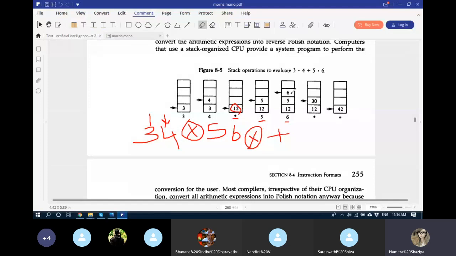And then stack pointer is decremented. After pop operation, stack pointer is decremented. So after decrementing, stack pointer will point to 5. 5 is popped. Okay, and then perform multiplication. So 5 times 6 is 30. Now the product 30 is pushed into the stack.